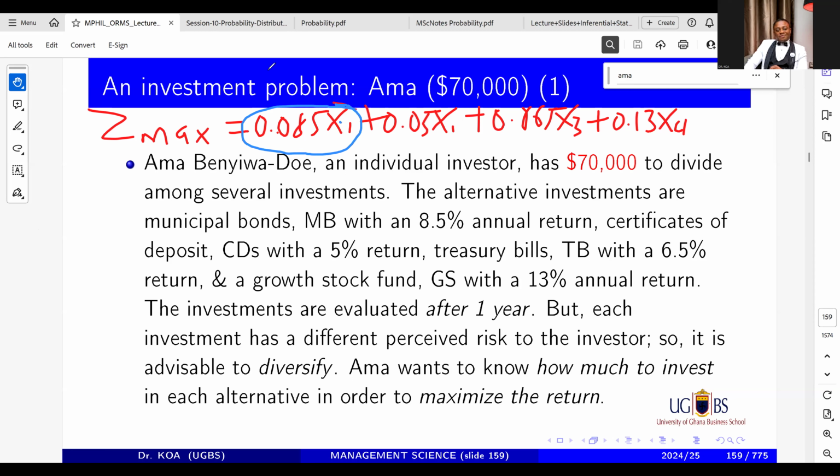Who can tell me the meaning of what I have circled? What is that which I have circled? Raise your hand and tell me, or type it there and let me know.